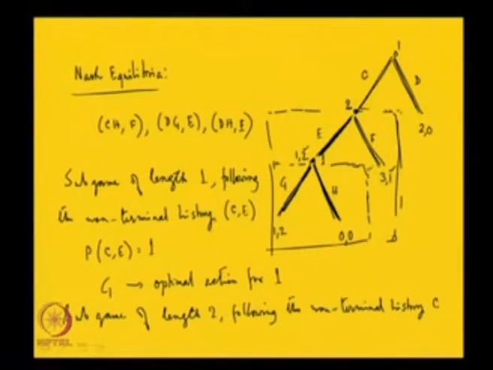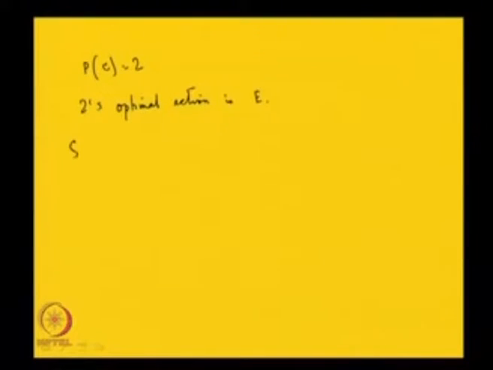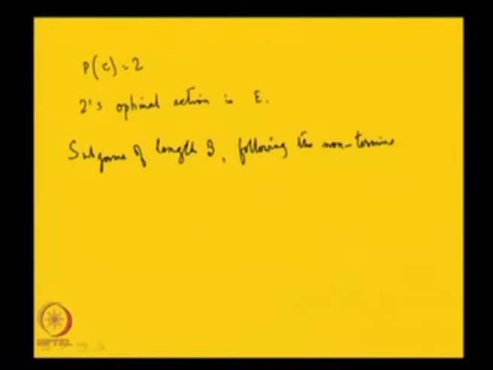So, then we again go backward and look at the subgame of length 3. This is following the non-terminal history phi. And who is the player who is going to move in this subgame?